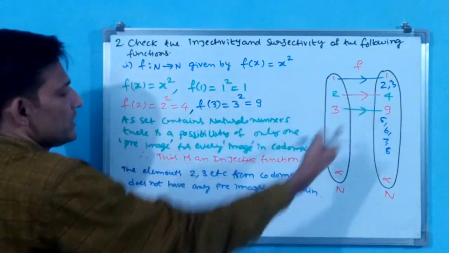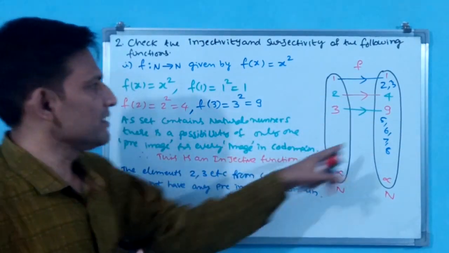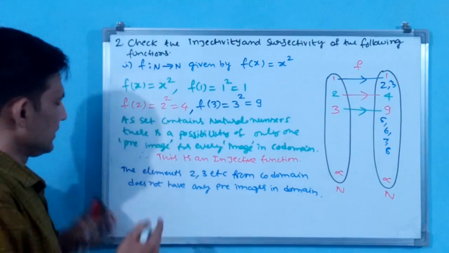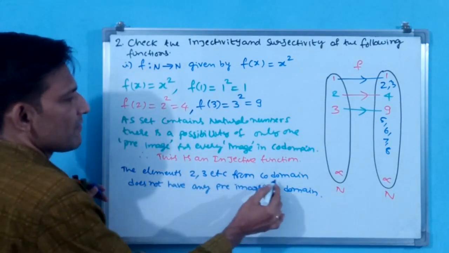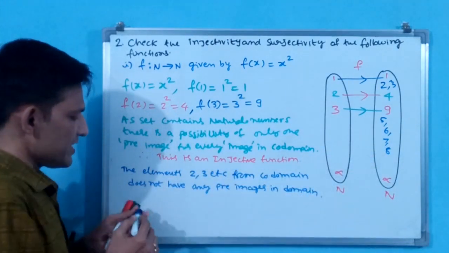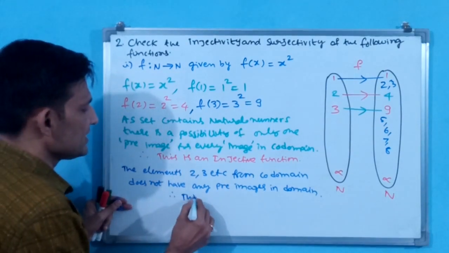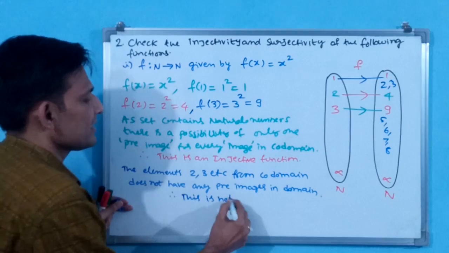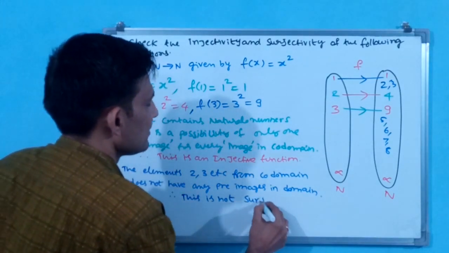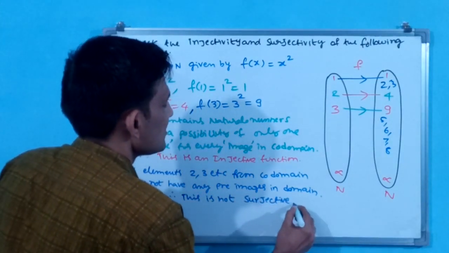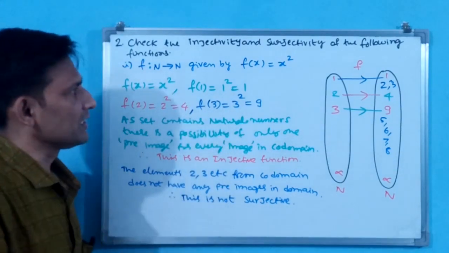Why I have written "etc."? See, even 5, 6, 7, 8 are also there. The elements 2, 3, etc. from codomain do not have any pre-images in domain. Therefore, this is not surjective. This is not a surjective function.